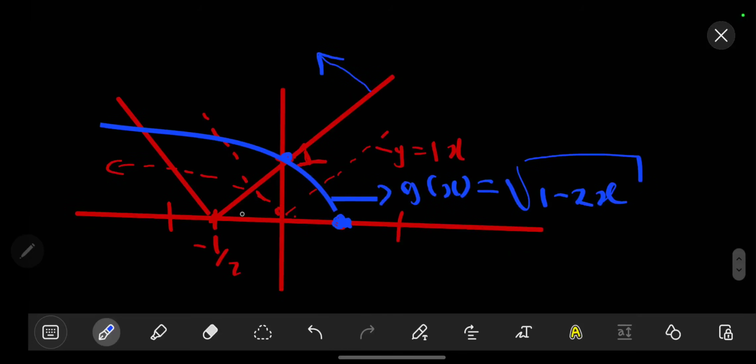So as you can see, at this point the value of y is equal to 0, but the value of this one is greater. So at this point, the value is greater for this other equation.